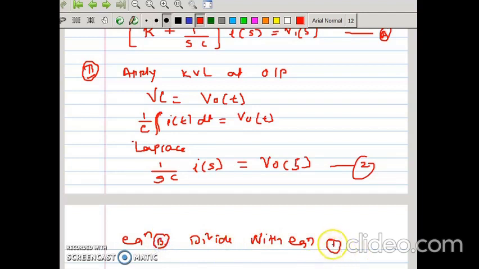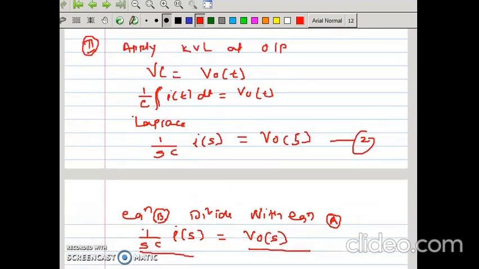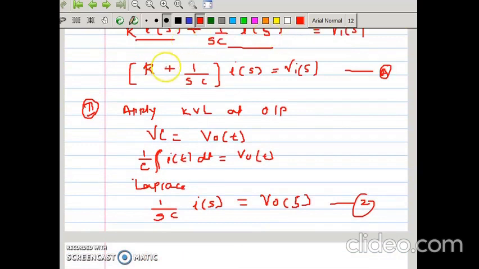So for the second equation, 1 upon SC I of S is equal to V of S, divided by equation number 1, equation number A. What is that?